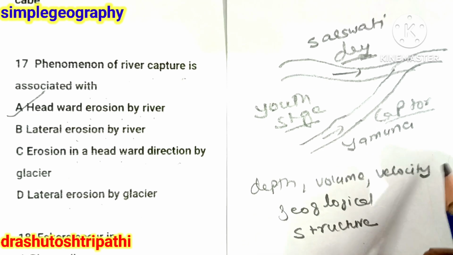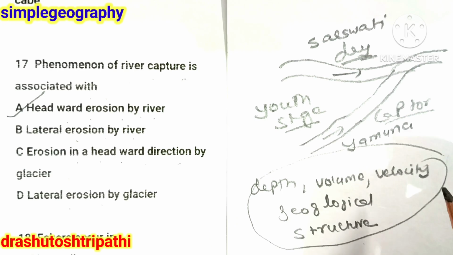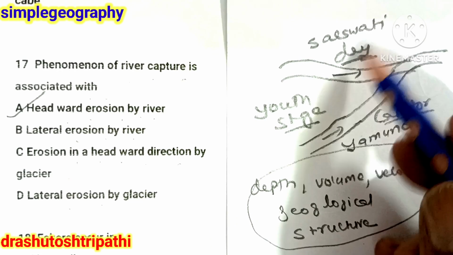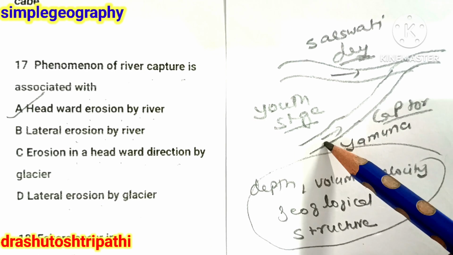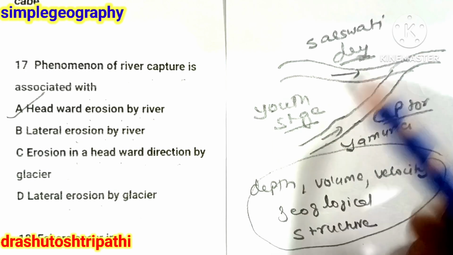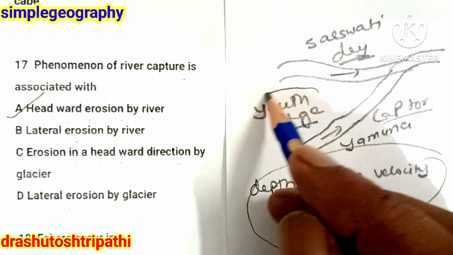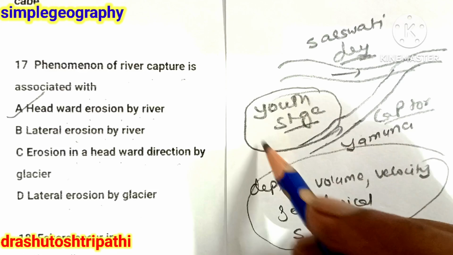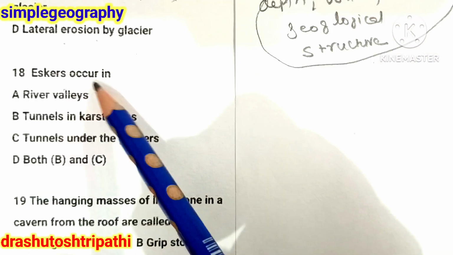These are the certain conditions on which the capturing of a river depends. The best example is how the Yamuna river captured the path of the Saraswati river. But it mostly takes place in the youth stage and the early stage.